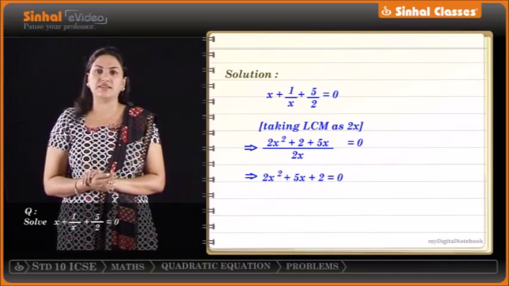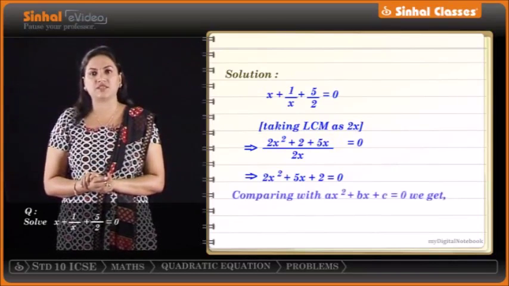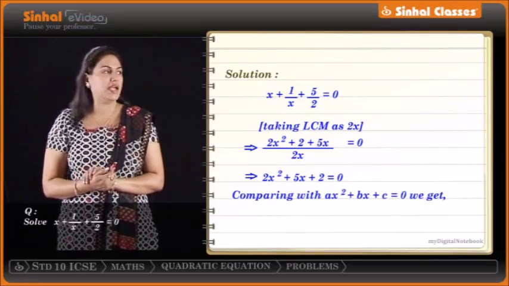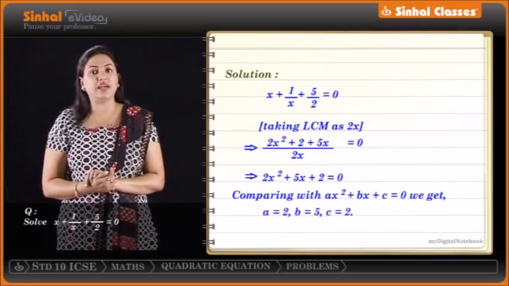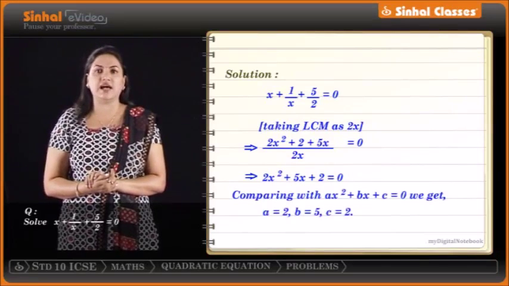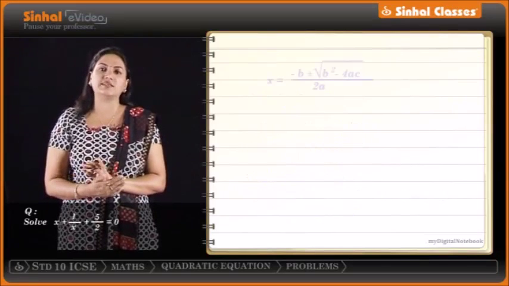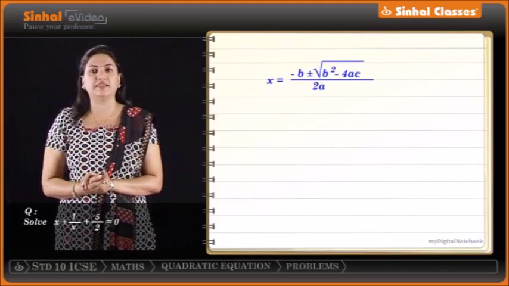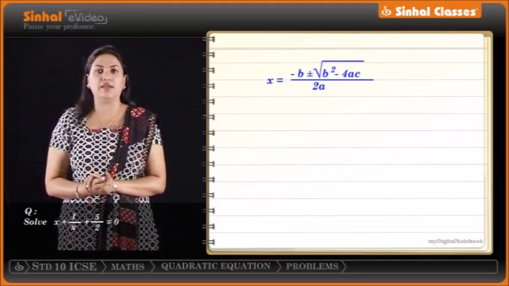Now compare this with ax square plus bx plus c is equal to 0 to get a as 2, b as 5 and c as 2. Now x is equal to minus b plus or minus root b square minus 4ac upon 2a.